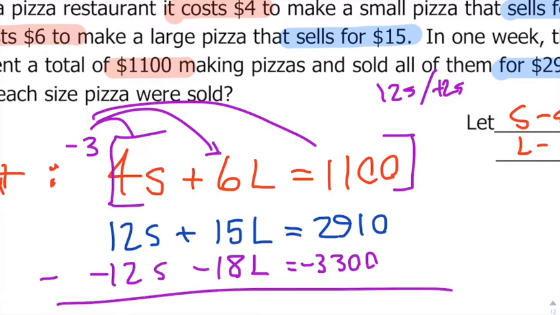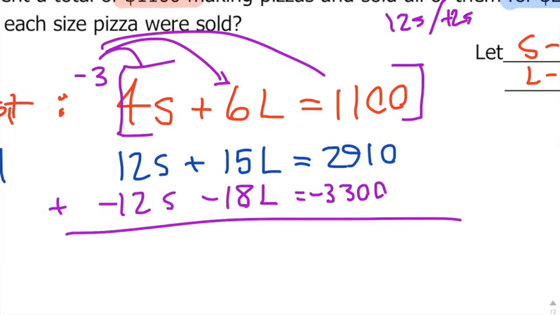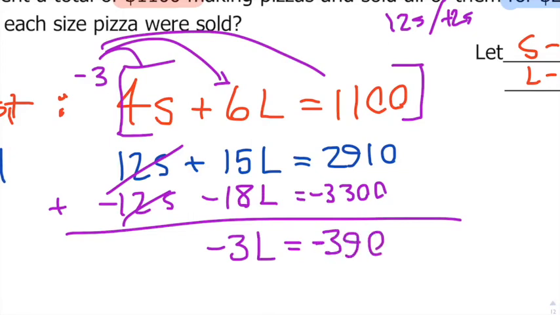And then we can combine our equations and see what we get. The S's should cancel out. Okay, we designed it that way. I think we have 3 L's left. And as far as the difference here, it looks like 390, that's going to be negative.